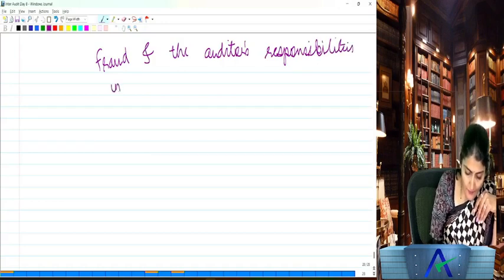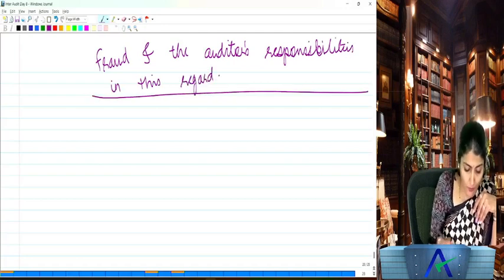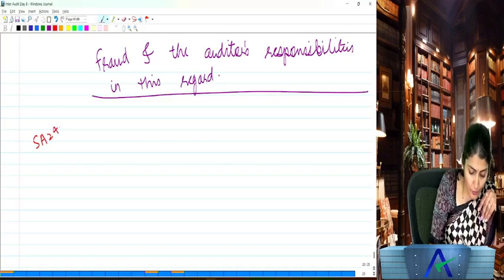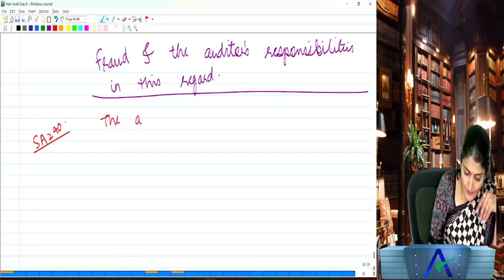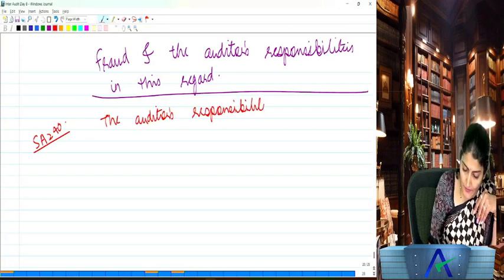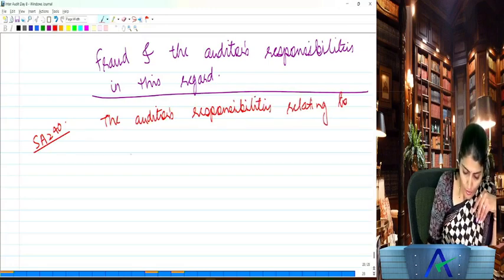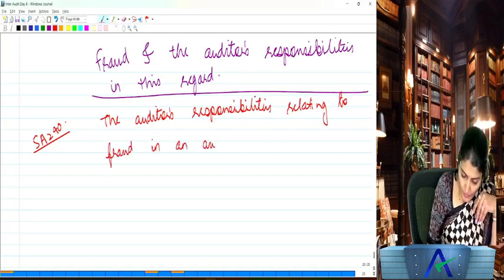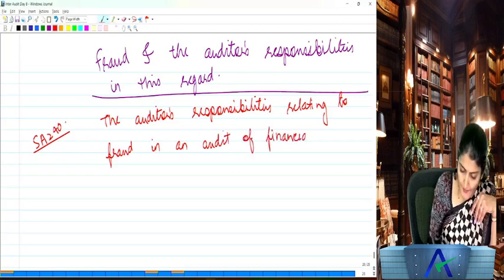In this chapter, we are also going to cover SA 240, which is regarding the auditor's responsibilities relating to fraud in an audit of financial statements.